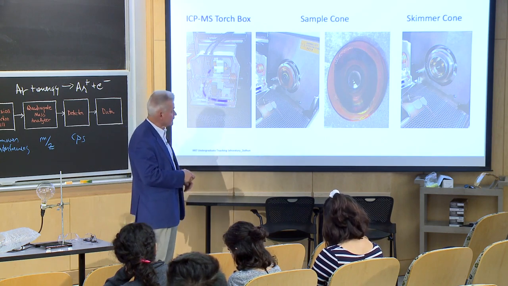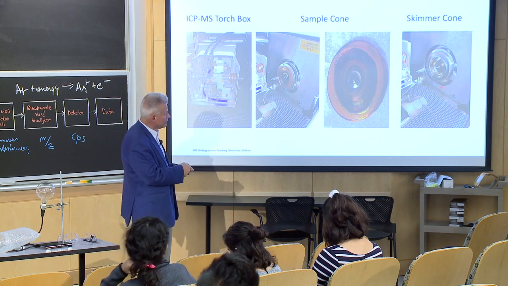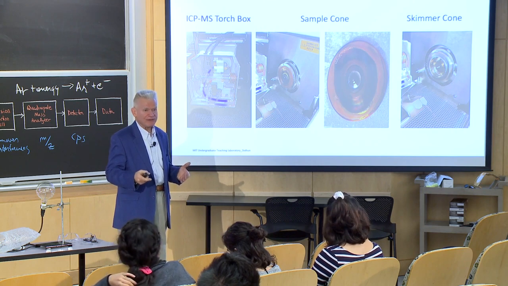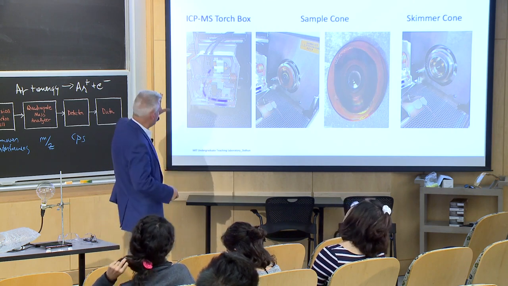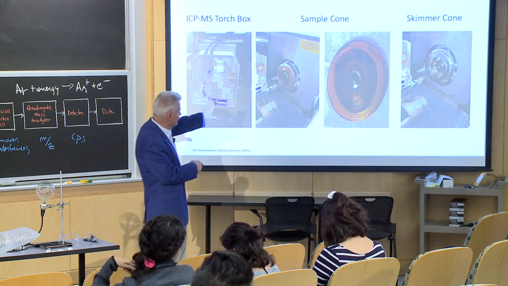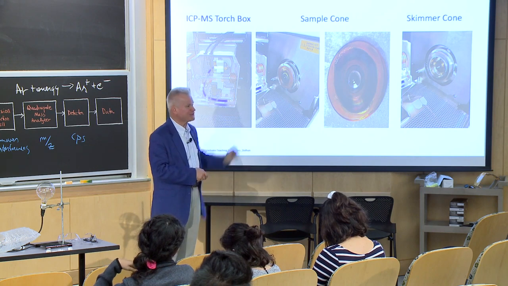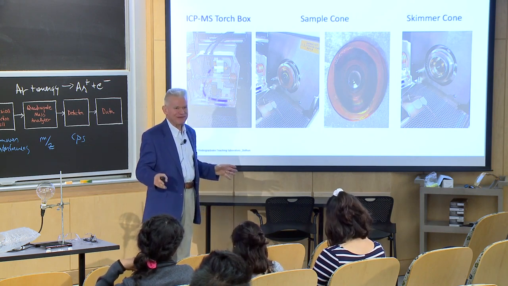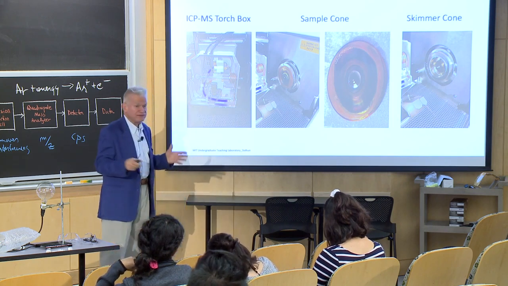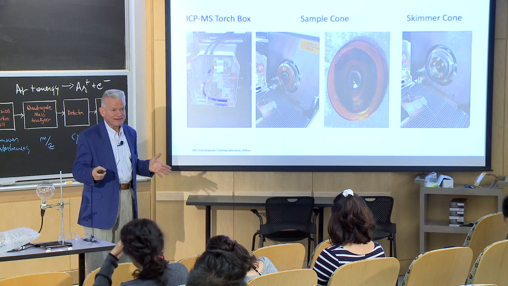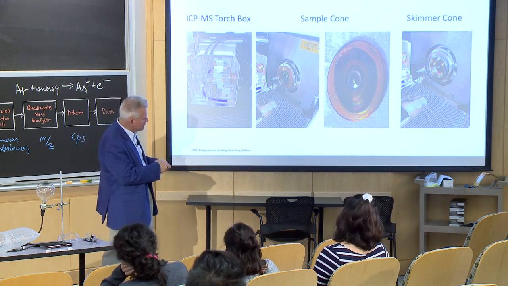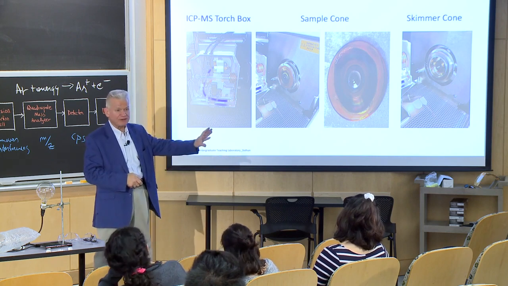And so on the other side of this box is the high vacuum, low pressure area of the mass spectrometer. So we've got this high temperature, high pressure, we've got room temperature, and then we've got low pressure, three areas of this mass spectrometer. So the ions going through this, that's the best definition of an ion lens you can have. And I unscrewed this so you could see inside there's a skimmer cone, another cone, before you get into the high vacuum area.